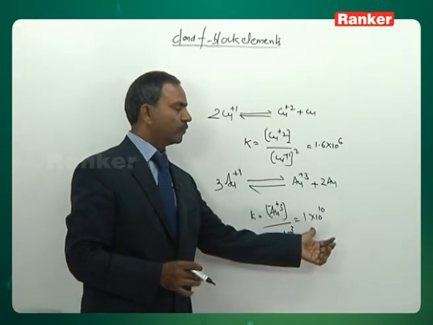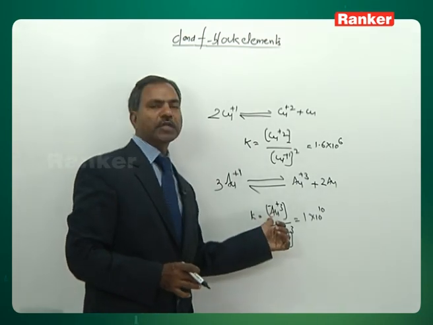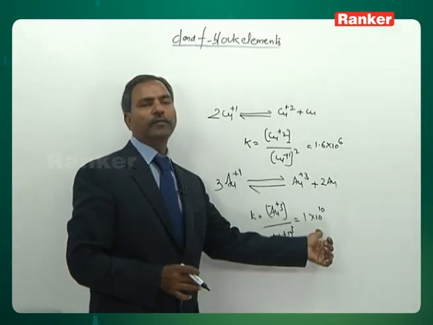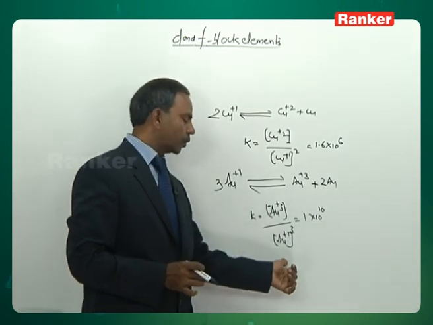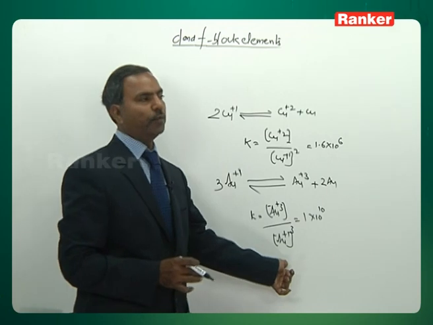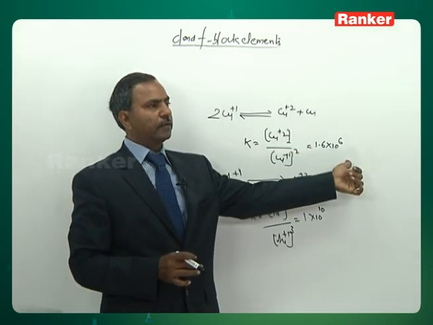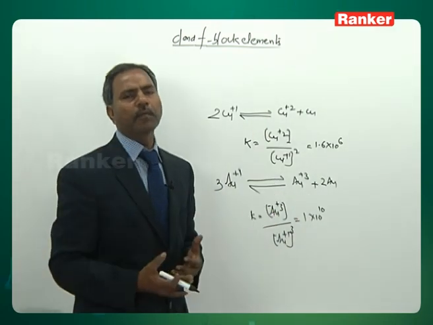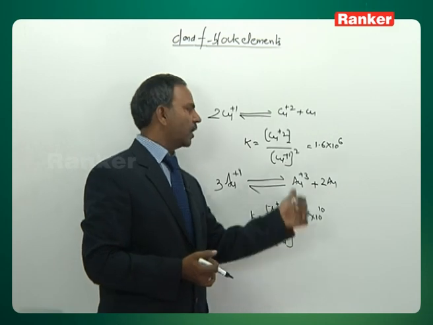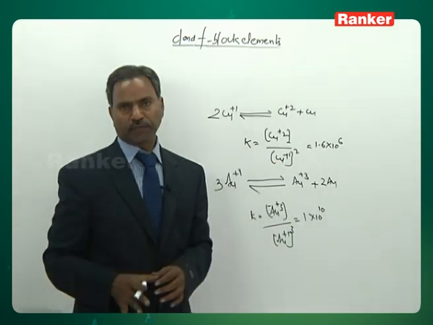Imagine, it is a very big value, meaning in aqueous solution the Au plus 3 concentration is millions and billions of times that of Au plus 1. Therefore, copper plus 2 and Au plus 3 concentrations are both many times greater than copper plus 1 and Au plus 1 concentrations in aqueous solution.